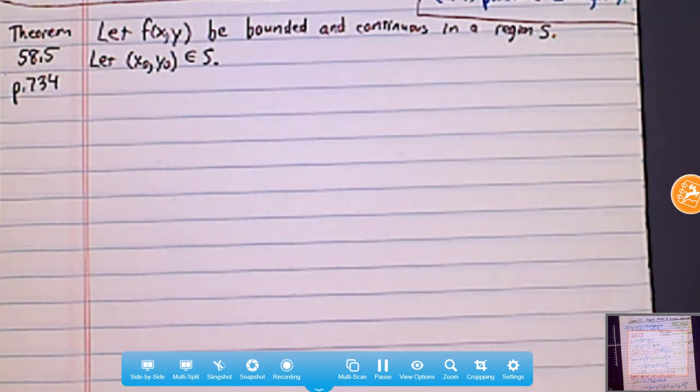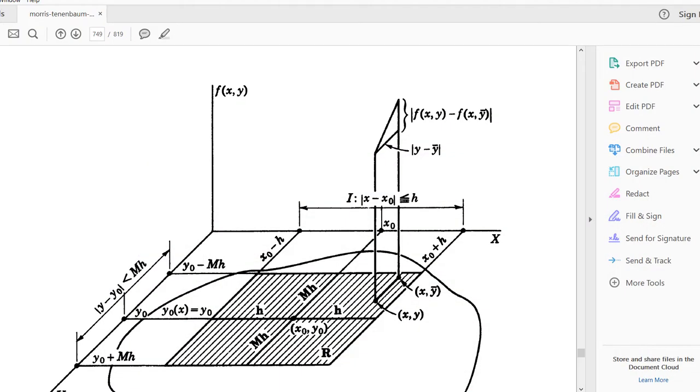What's the picture? First of all, what class are we in, basically? Calc 1, Calc 2, or Calc 3 at this point? How do you know we're in Calc 3? Oh, because there are 2 inputs, right? So what's the graph going to look like? How many dimensional? That's why we have this kind of a picture. You guys understand that?